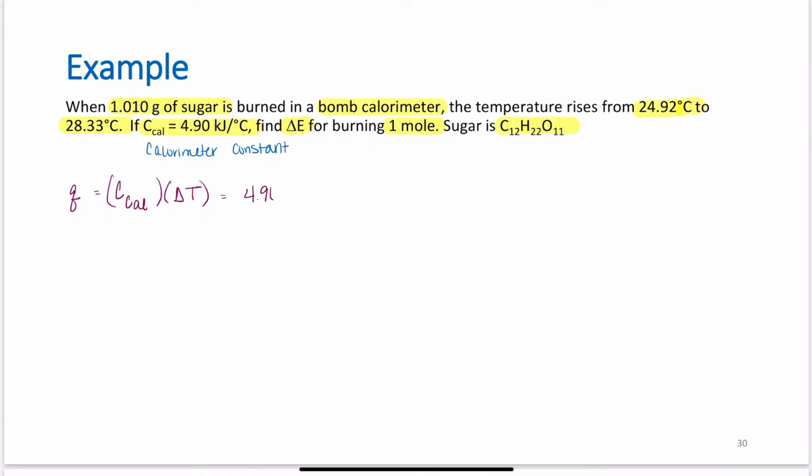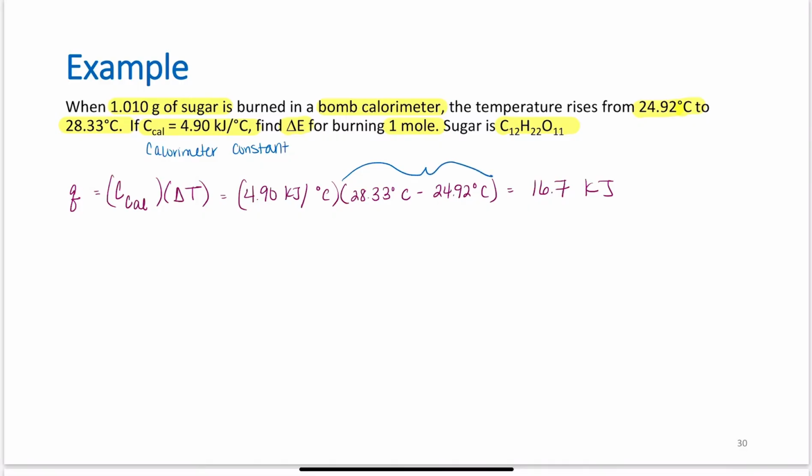The calorimeter itself has a capacity of 4.90 kilojoules per degree C. The sample was heated up from 24.92 degrees C to 28.33 degrees C. 28.33 is our final temperature, and 24.92 is our initial temperature. This gave me 16.7 kilojoules.